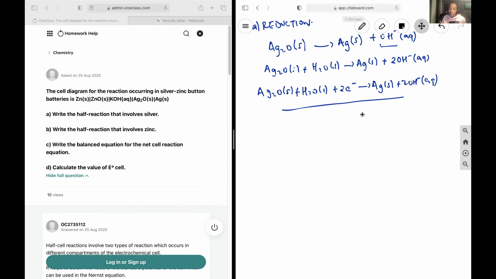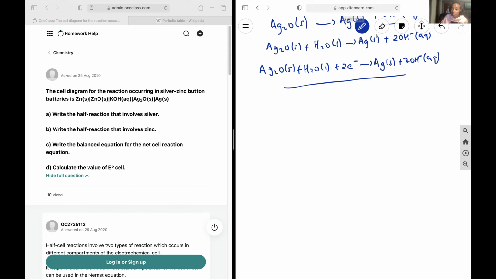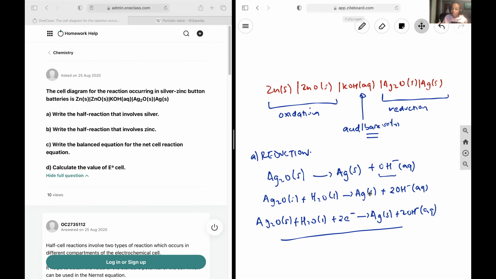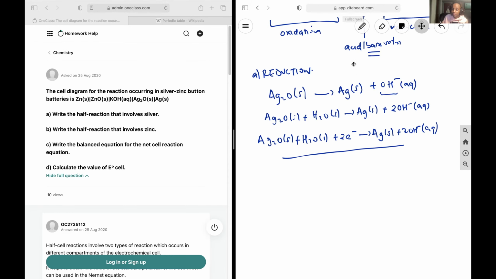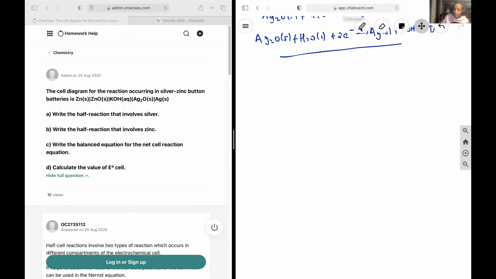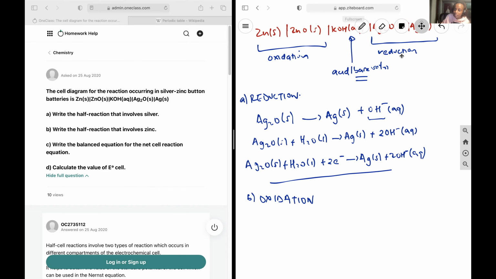Next up, we'd like the half reaction that involves zinc. That's going to be oxidation. So I'm getting these facts purely off of reading the cell diagram. And if you'd like confirmation that you're doing things correctly, just remember OIL RIG. So oxidation is the loss of electrons.